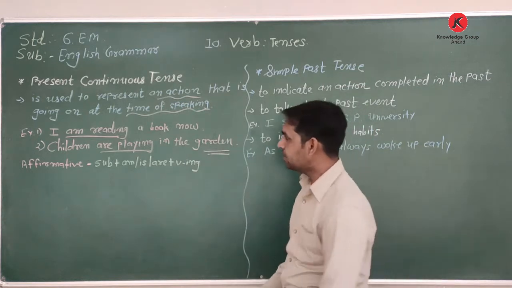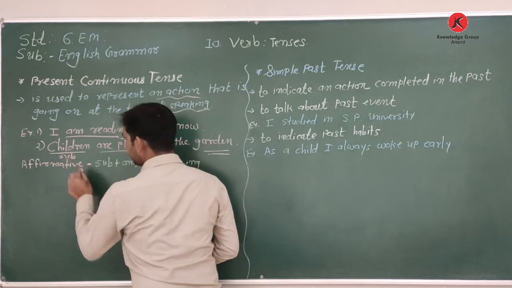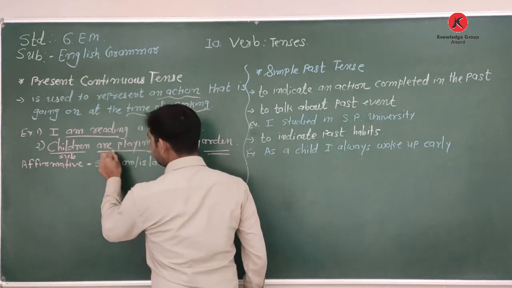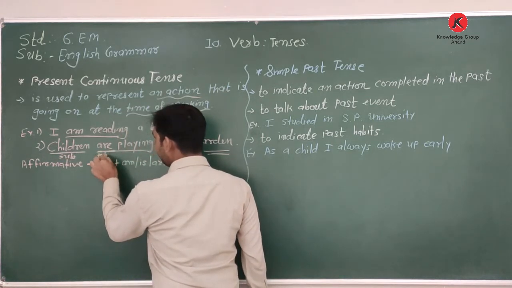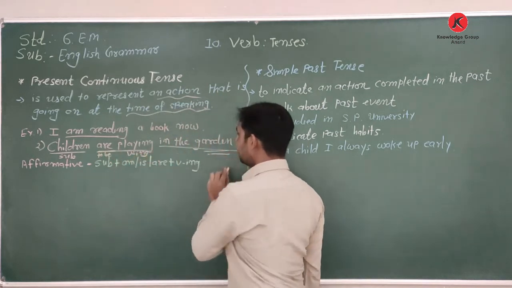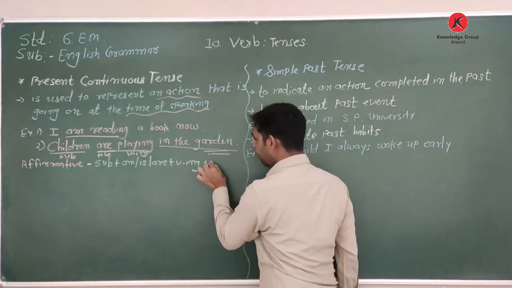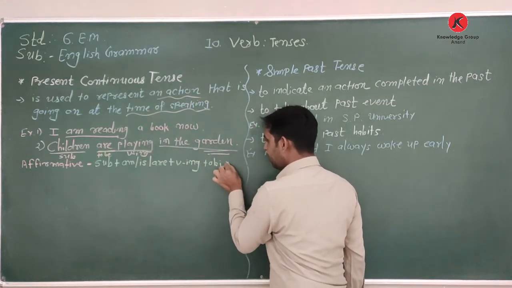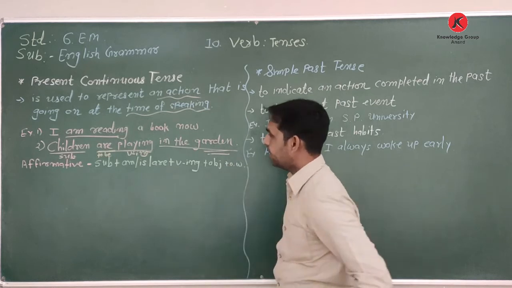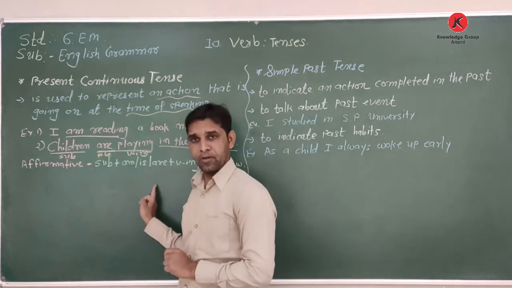As here, the children is the subject. This is the to be form. Then verb with ing. Then the object or other words. So this is the formation of the affirmative sentence.